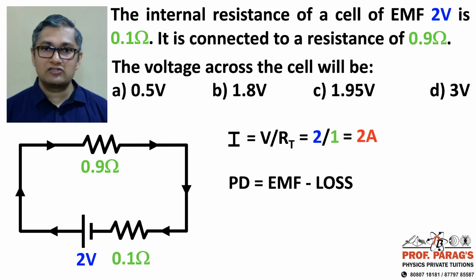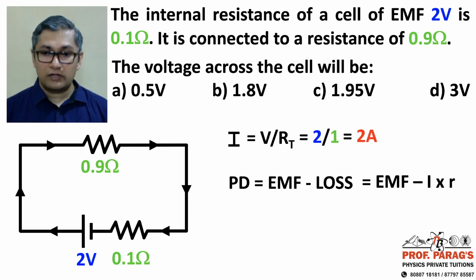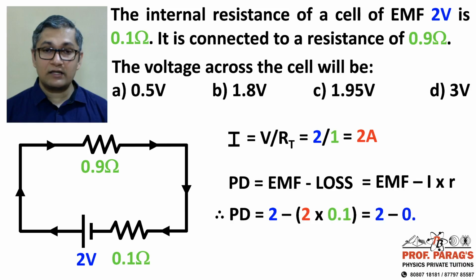EMF minus loss is going to give me the PD, and that's what I want to find out. PD is equal to EMF minus loss. The loss is within the internal resistance. The loss of voltage is current into resistance, so I will say I into R, but which R? It's not the capital R, it is the small r. So let's plug in the numbers. The EMF in blue is 2, minus the current we just found, 2 amperes.